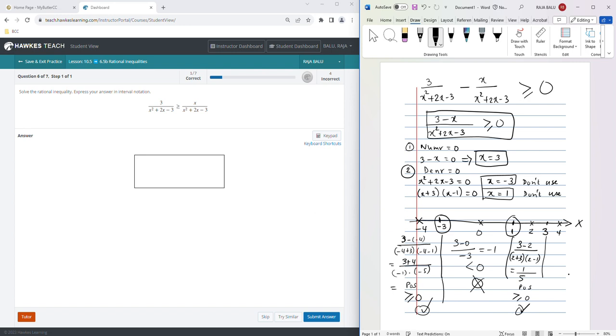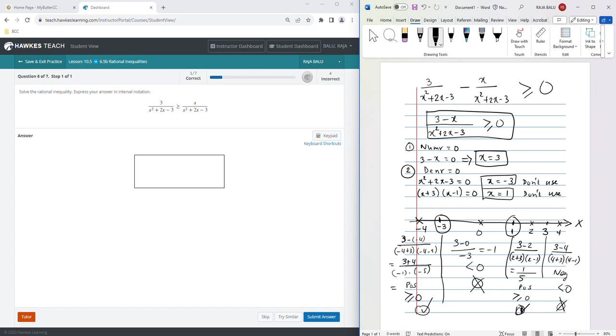We like this one. That means check mark. Now let us plug in 4. We get 3 minus 4 in the top, divided by 4 plus 3 and 4 minus 1 in the bottom. Overall, this gives me negative, so less than 0, I don't need that.